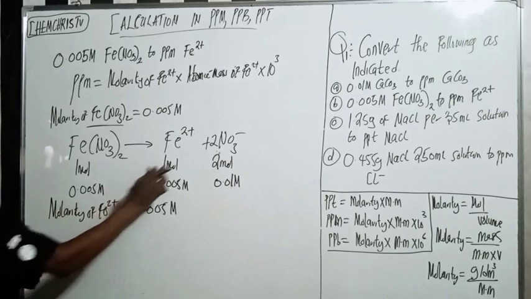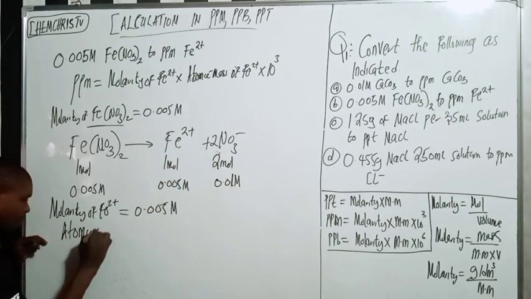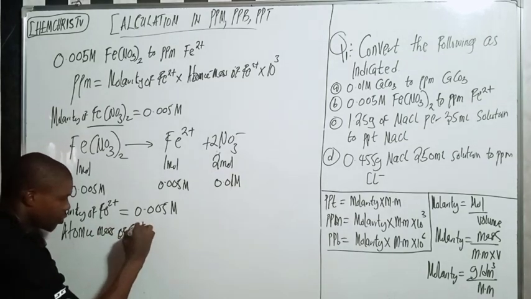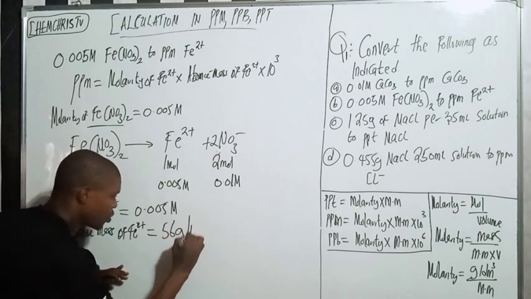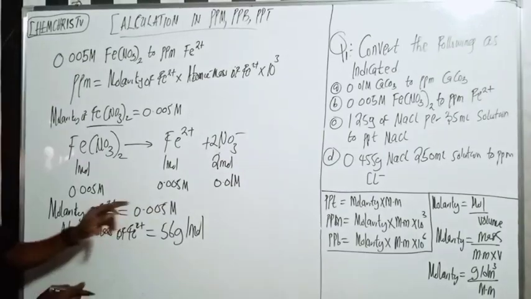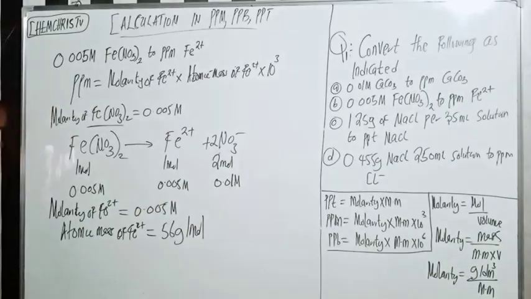Now, what is my atomic mass? The atomic mass of Fe2+ is 56 gram per mole. Since I already know my molarity and I know my atomic mass, I'll just apply this formula and solve it here.